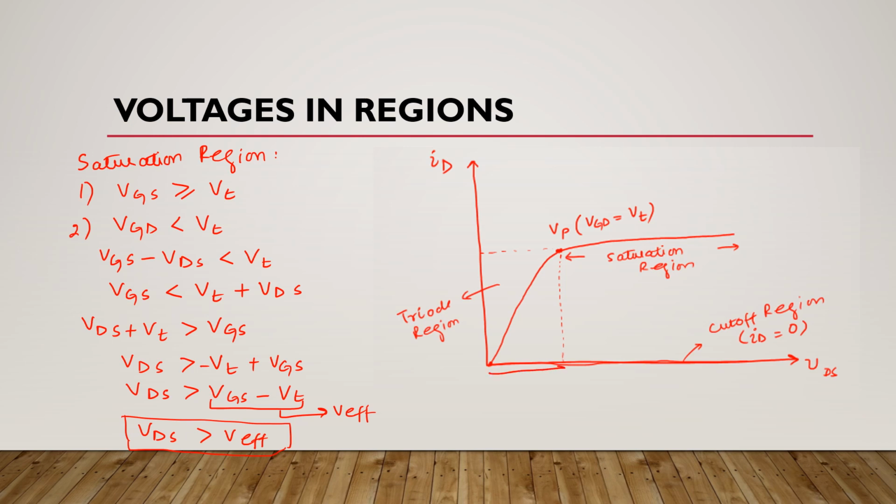In this triode region, this drain to source voltage is less than effective voltage, whereas in this saturation region, this drain to source voltage is greater than effective voltage. Okay, so these are the voltages in all these three regions in case of MOSFETs.